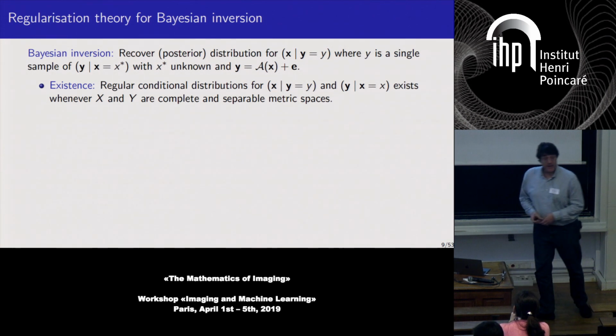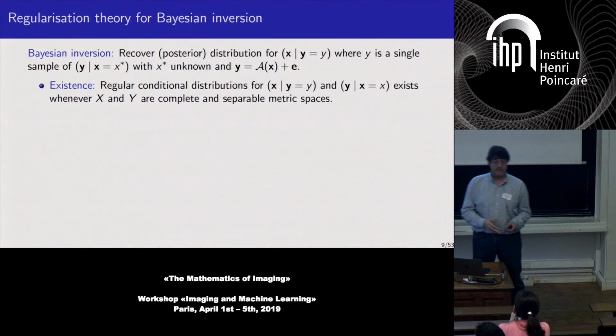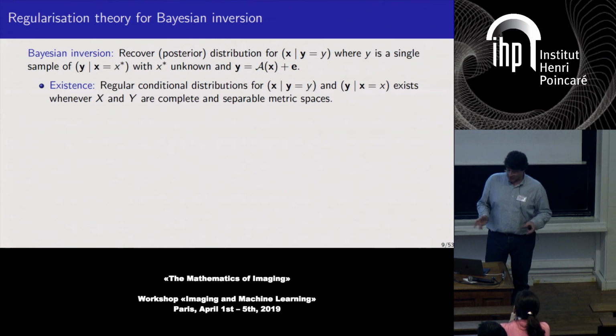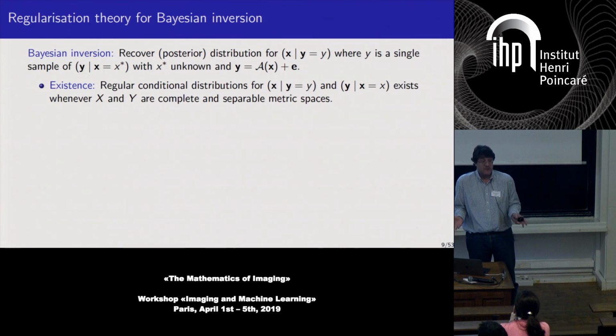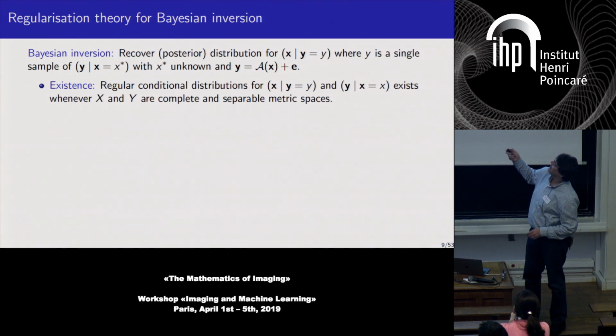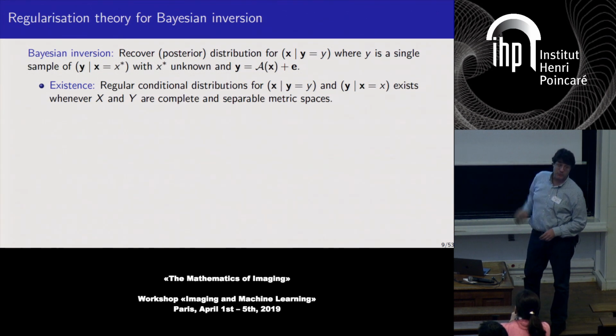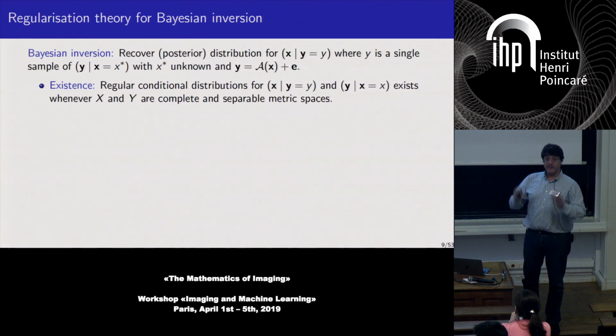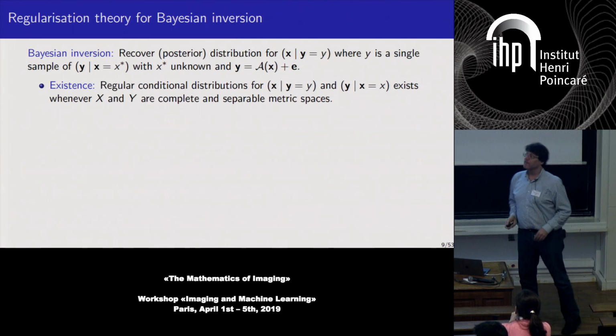So what does the Bayesian theory for regularization say? If you take a step back and look at what the mathematical theory tells you from the regularization perspective, the first thing you, as a mathematician, ask is, of course, is existence an issue here? Keep in mind that the goal here is to recover the entire posterior distribution. Right now, I don't care about computational feasibility. This is just theoretical, mathematical, conceptual issues.